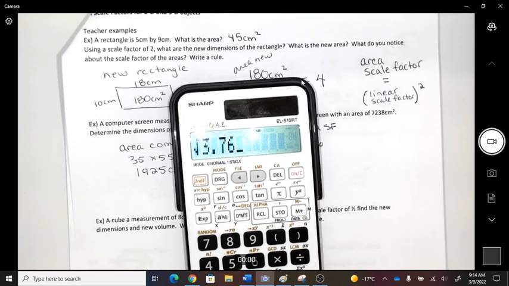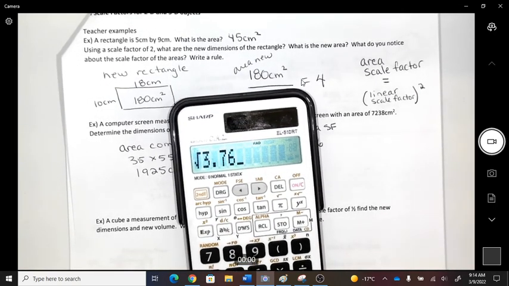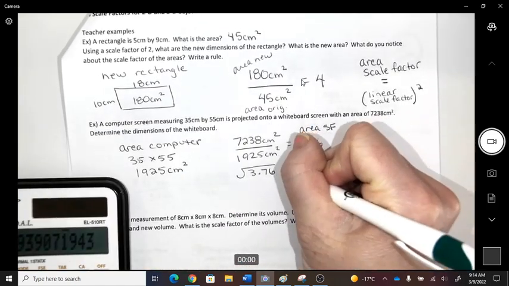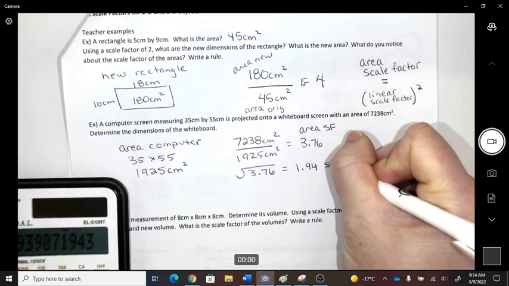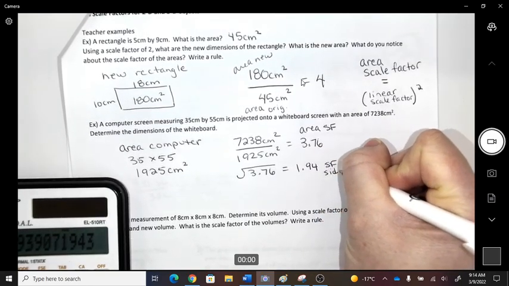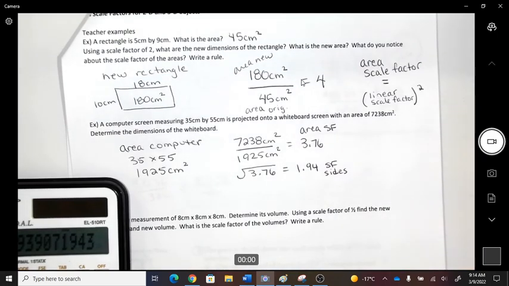So square root of 3.76 is 1.94. Okay, so if the area changed by 3.76, the sides are changing by 1.94 times.